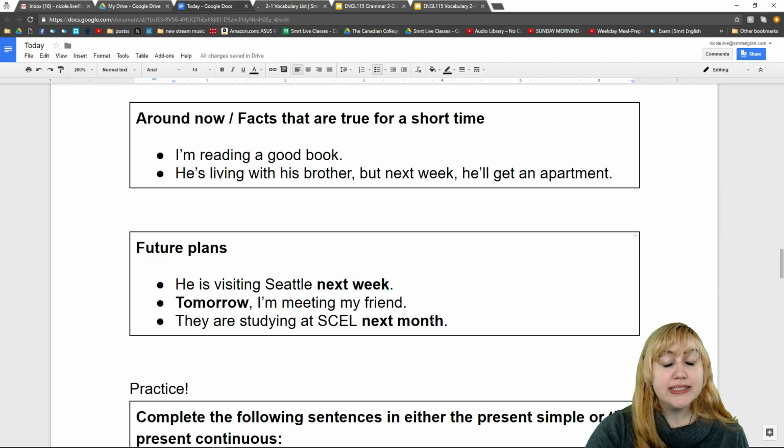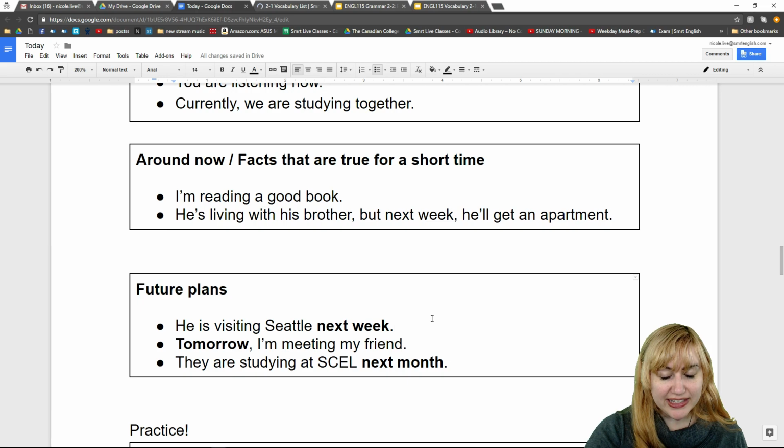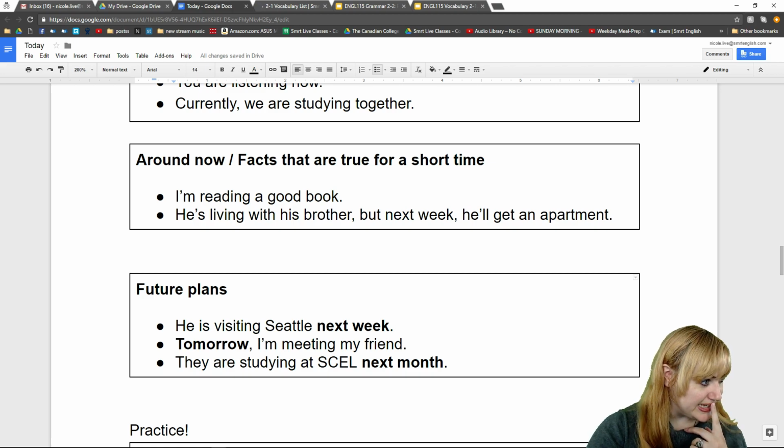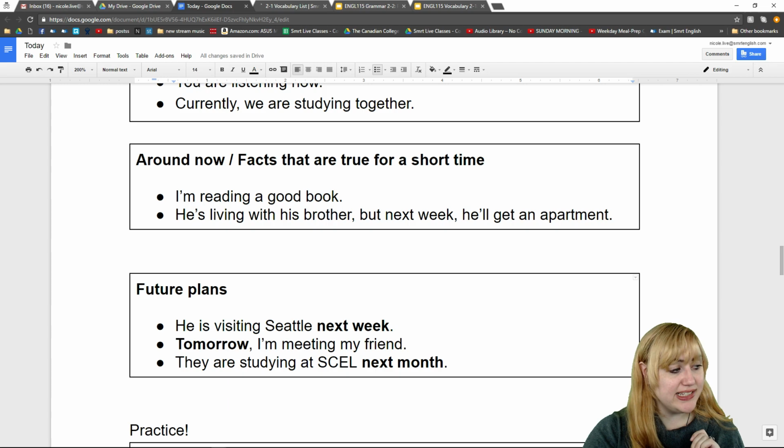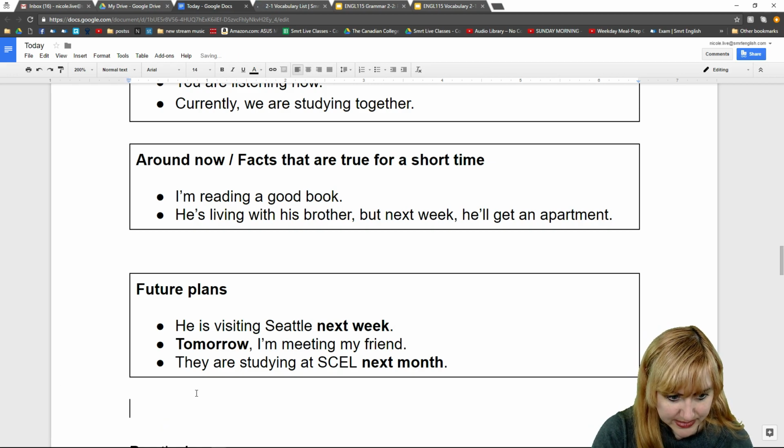All right, so let me take a quick look at the chat and see if we have any questions. Let's see. Oh, so Gobinda asked, can we use verb ing after to in a sentence? So let me write that here.